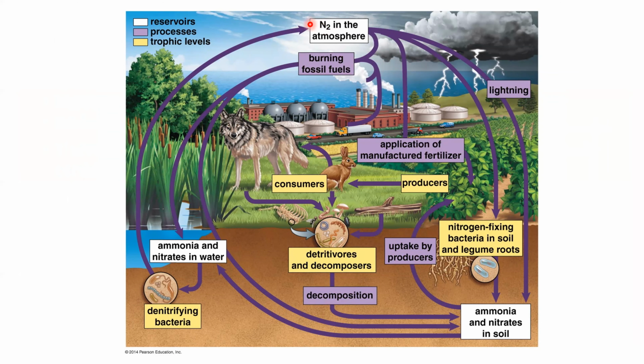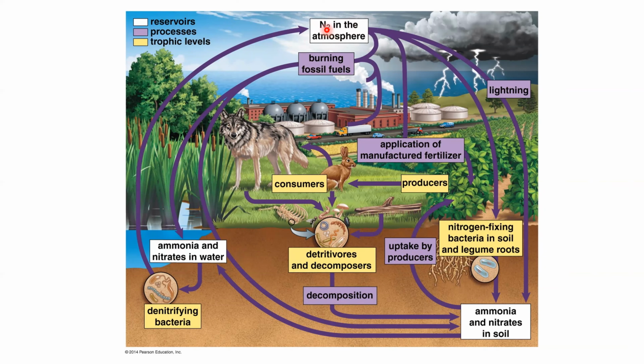So here's our diagram. Again, we have a reservoir in the atmosphere. In the atmosphere, we have nitrogen gas, inorganic nitrogen. In the soil, we have ammonia and nitrates, or NO3, and we have ammonia and nitrates in water, right?